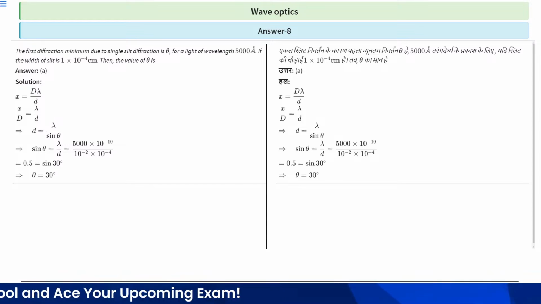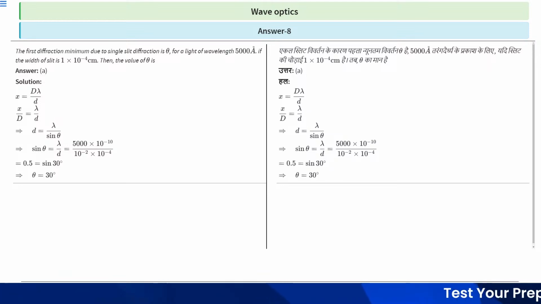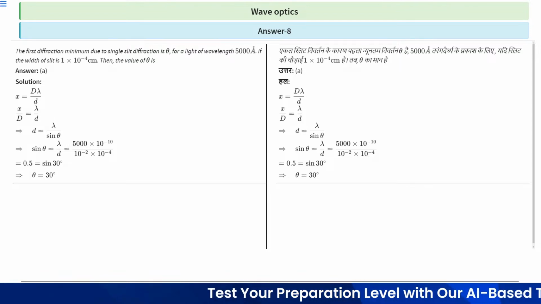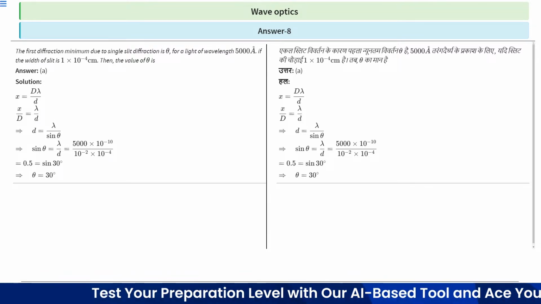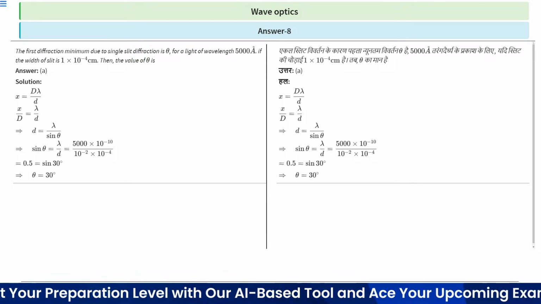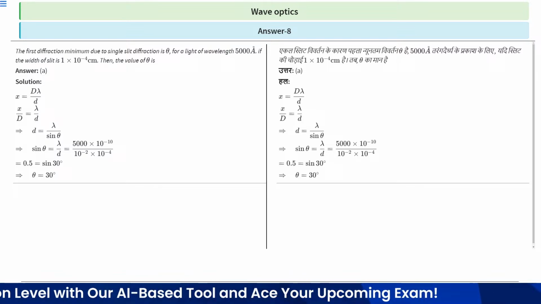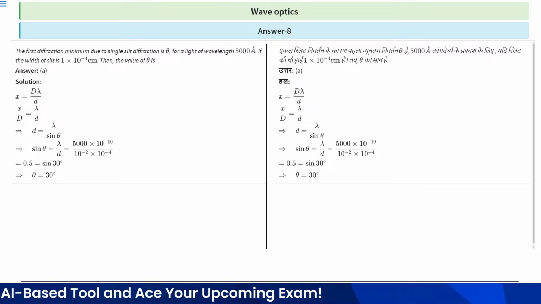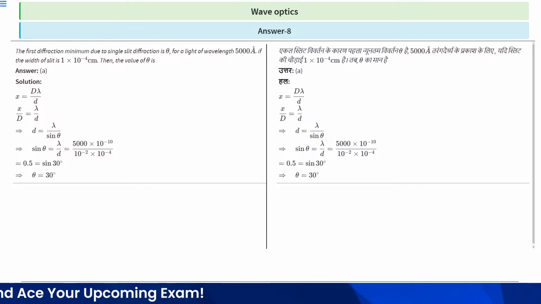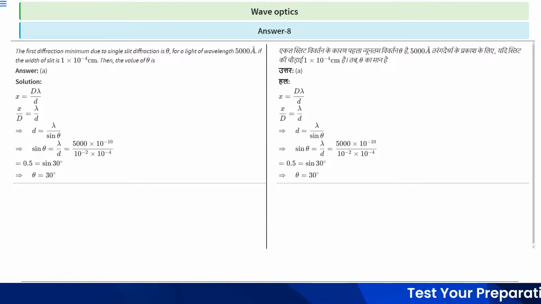So we have to find theta. d = λ/sin θ, so sin θ = λ/d. Lambda and d are given in this question: λ is 5000 angstrom, so 5000 × 10^-10, and d is 10^-2 × 10^-4, converting centimeter to meter.